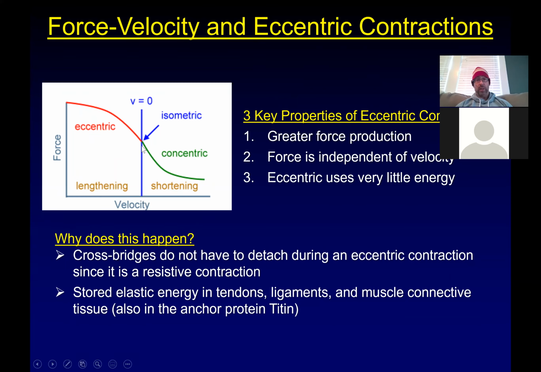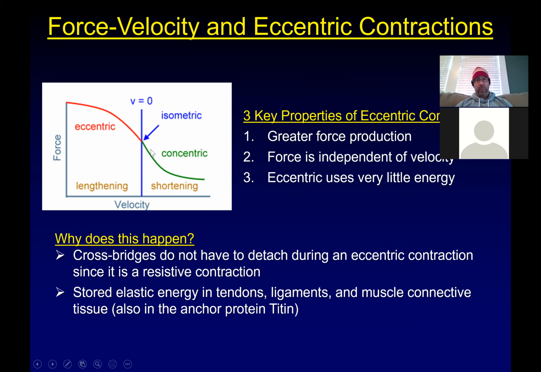This is where our isometric contraction takes place. As we move to the right along that axis, we're increasing velocity in what this graph calls the positive direction. That means velocity is going up, but the muscle is shortening.